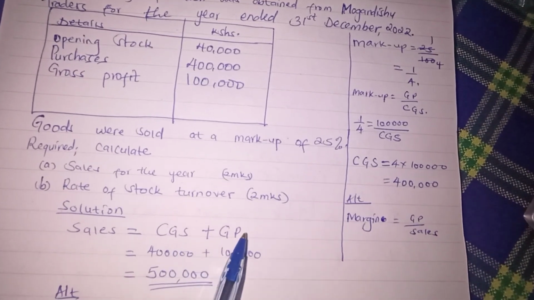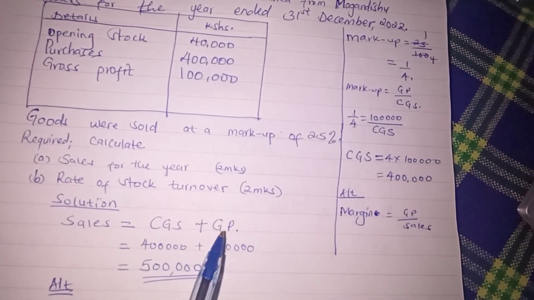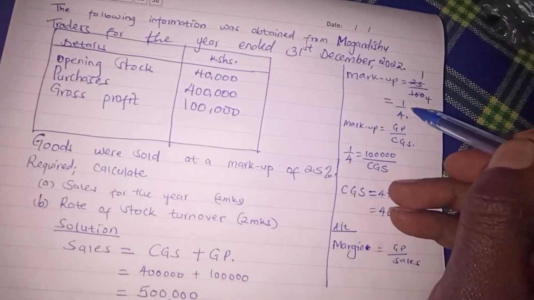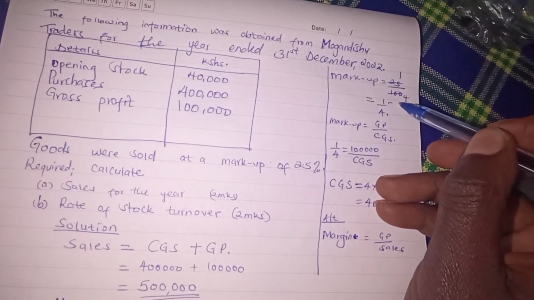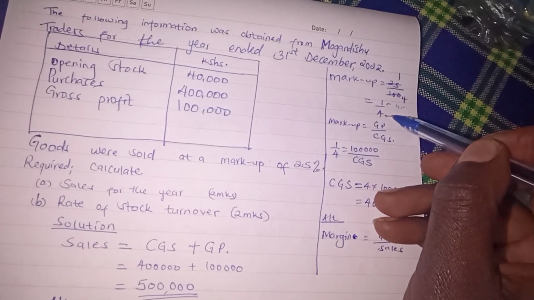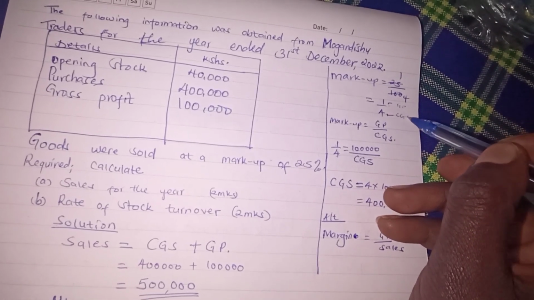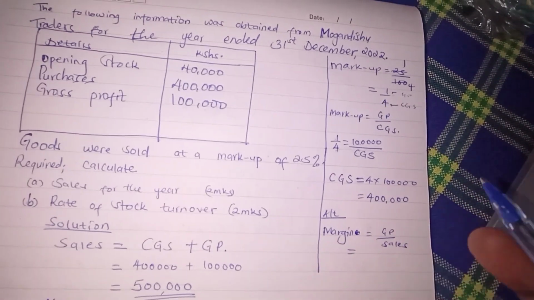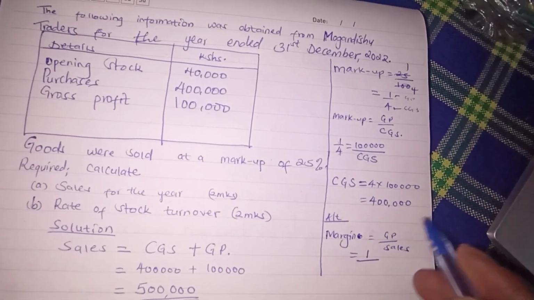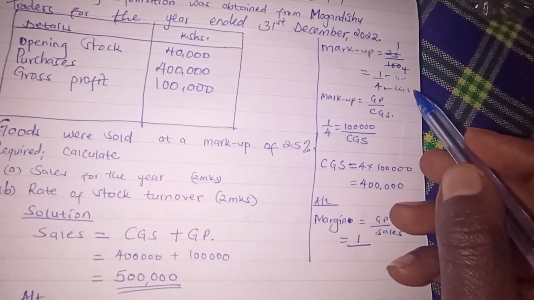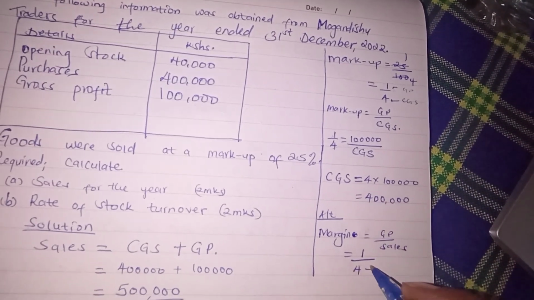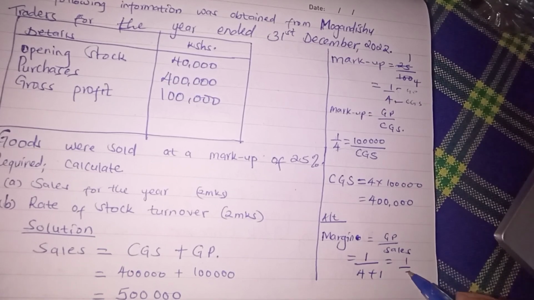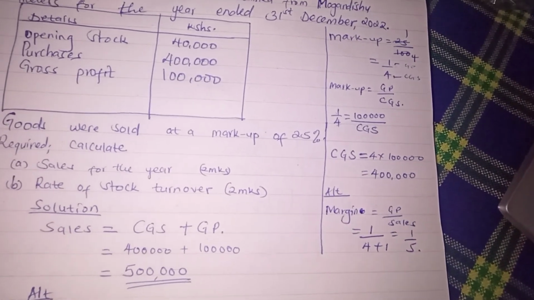But what are sales? Sales are cost of goods sold plus gross profit. Here, 1 is representing gross profit and 4 is representing cost of goods sold. Therefore, our margin will be 1 over 4 plus 1, to give us 1/5 as our margin.